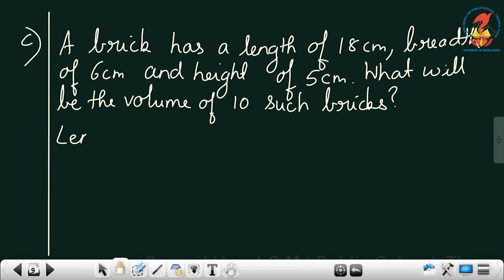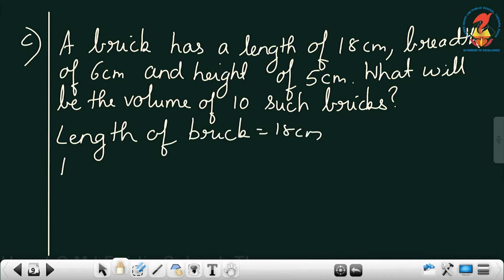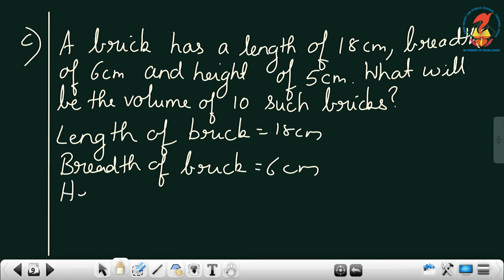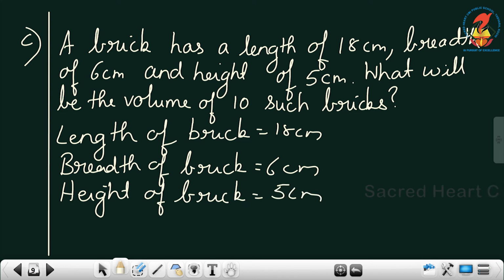So write length of the brick 18 centimeter, breadth of brick 6 centimeter, height of brick 5 centimeter.